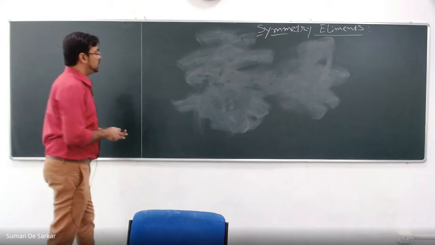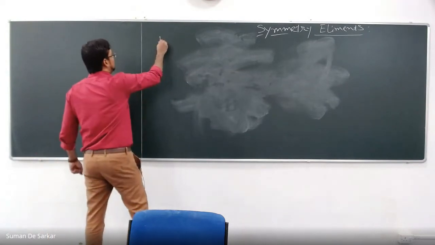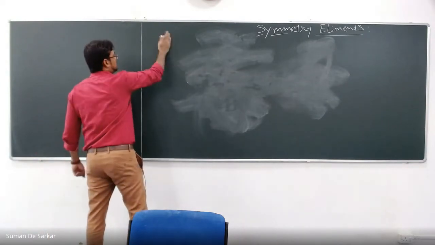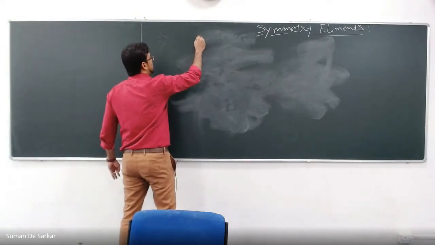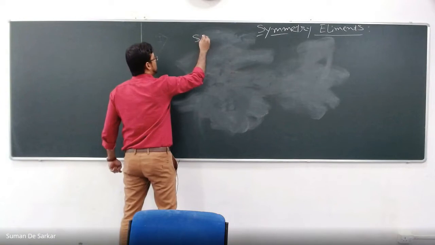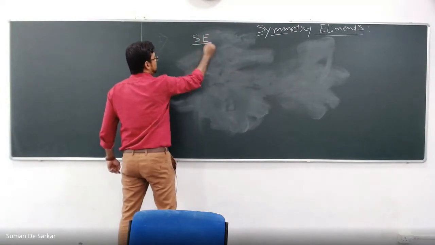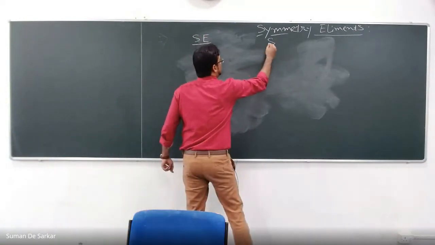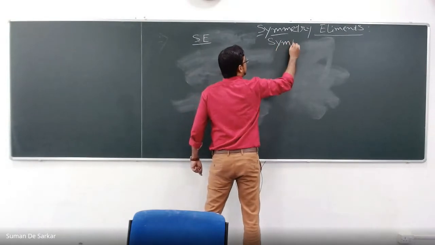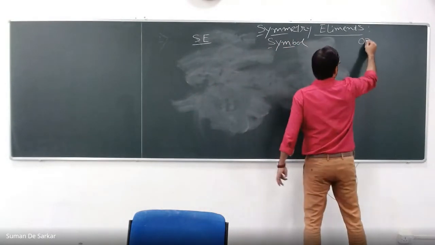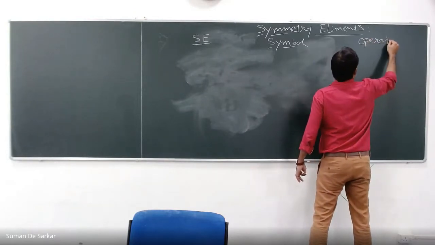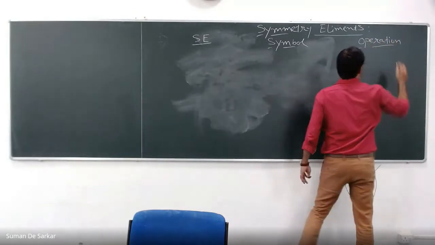All right. Let me make a table, then it would be probably easier. Let me write the symmetry element, this symbol, maybe the operation. I'll explain everything. What are these?